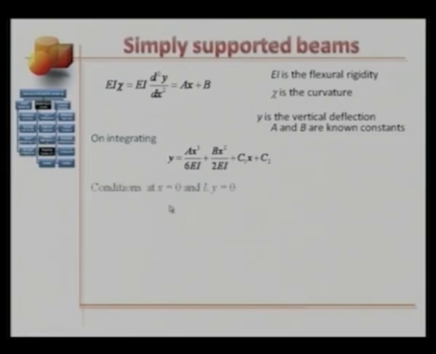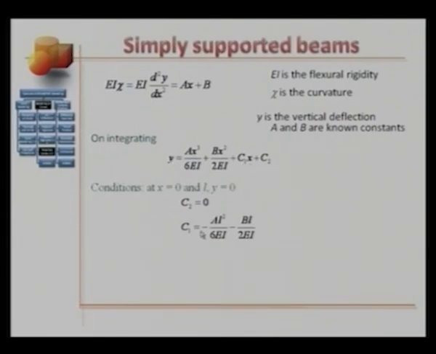Boundary conditions at say x equals 0 and x equals L, the beam length, are that the vertical deflections are 0. Why? Because we are considering a simply supported beam. If we put x equals 0 here, and if you know that y equals 0, this would mean C2 equals 0. And for x equals L, we can substitute y equals 0, x equals L, and find what C1 is.